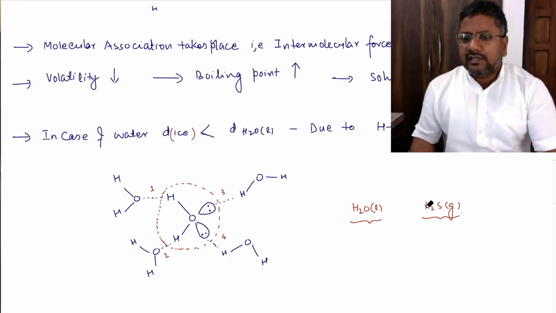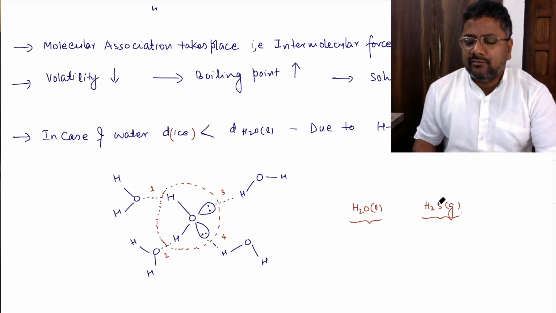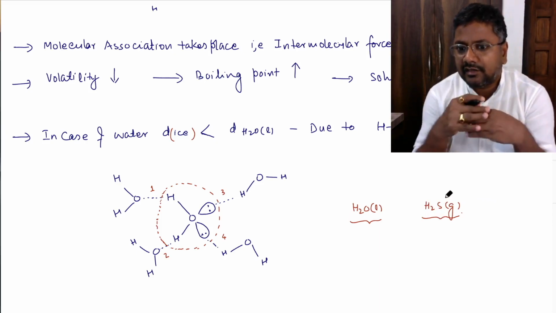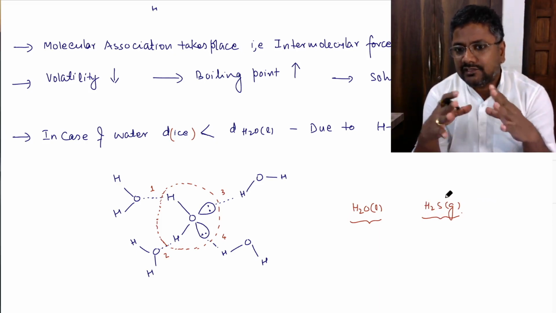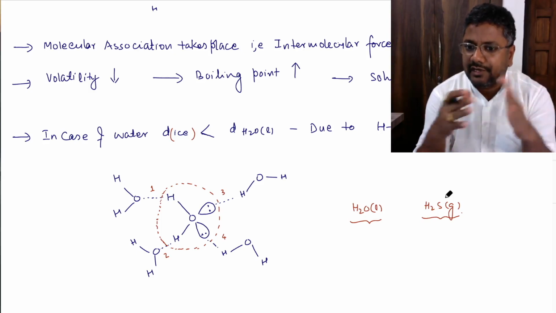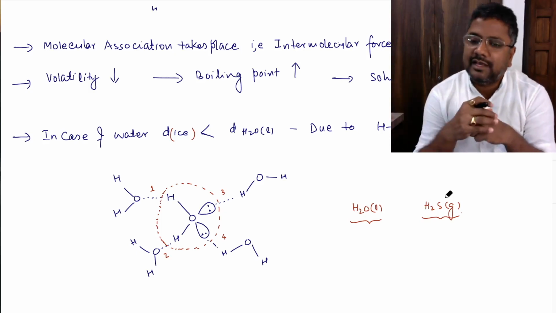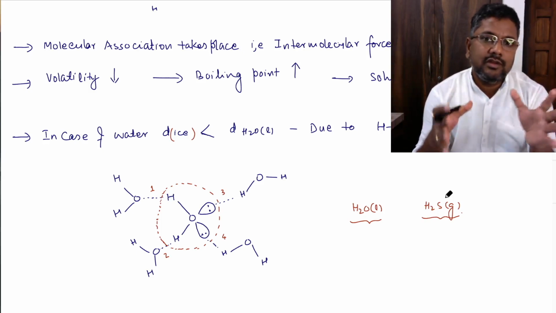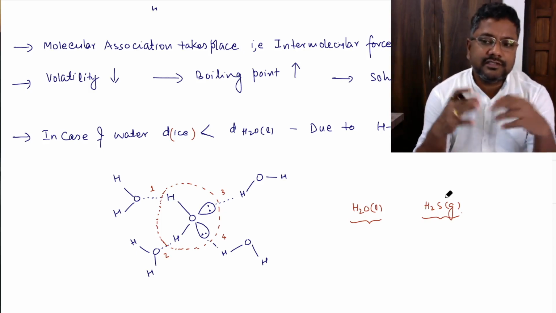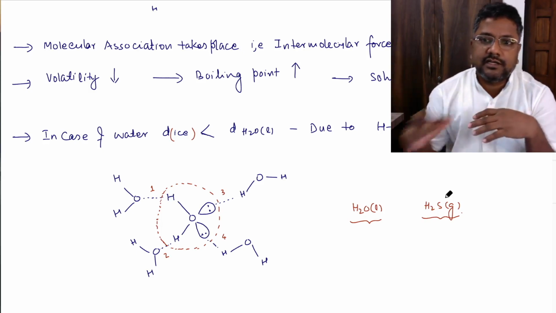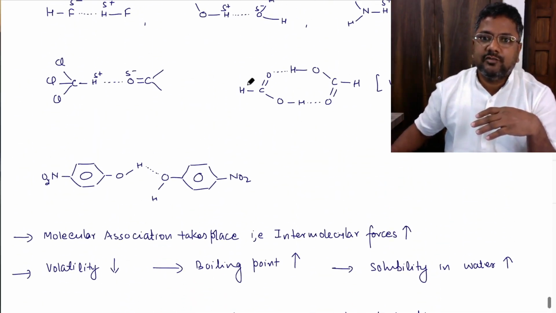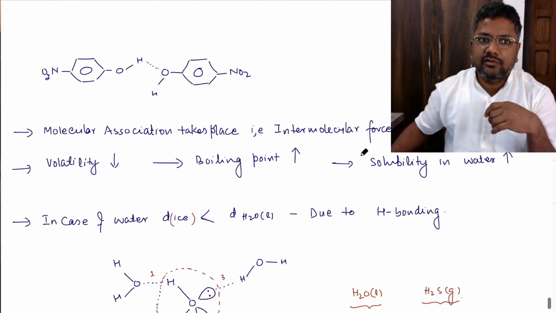We can assume that hydrogen bond may be present in H2S also. And remember, hydrogen bonds can exist in all 3 phases, solid, liquid and gas. Don't stick only to the liquid phase or only the solid phase. In the gaseous phase you also have hydrogen bonds. One example I have shown you: in vapor phase or in non-polar solvent you will have hydrogen bond.